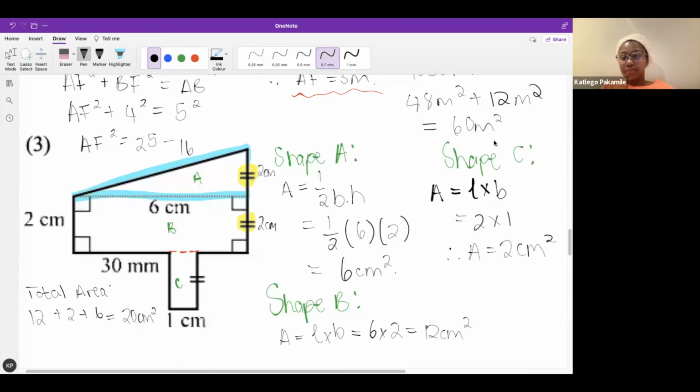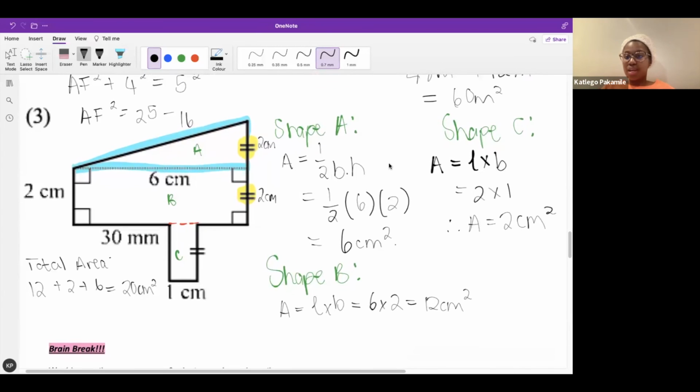Okay, actually my brain is hurting now. My eyes are hurting. So I'm going to do the brain break anyway, and then one more question before we go off to do the quiz. Okay, hands up for the brain break. Let's go. Sierra, please put your hand up for the brain break.